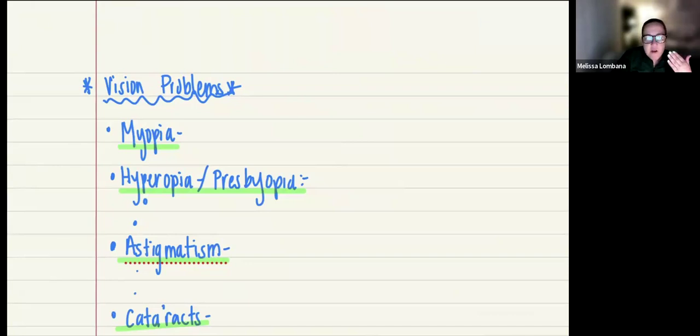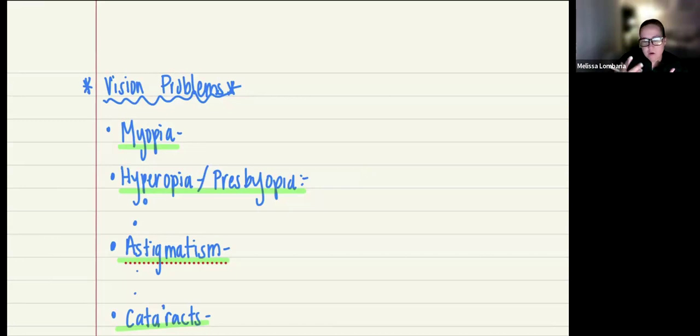Then we have hyperopia, which could be in two ways, or presbyopia. This is basically farsightedness, where people can see well from far, but they cannot see items close by. The best way to fix these two problems is with glasses or contacts.